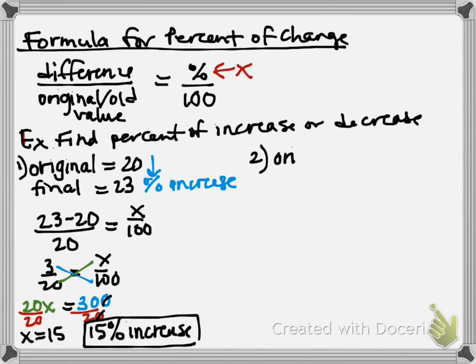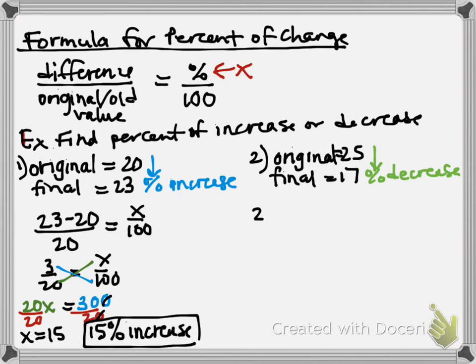Let's say your original was 25, equals 25, and your final was 17. Okay? So looking at your 2 numbers, is this an increase or a decrease? Yeah, if you notice, you went from a large number to a small number, so that's a percent decrease. So the setup is the same. I'm going to take my 2 numbers and subtract them.